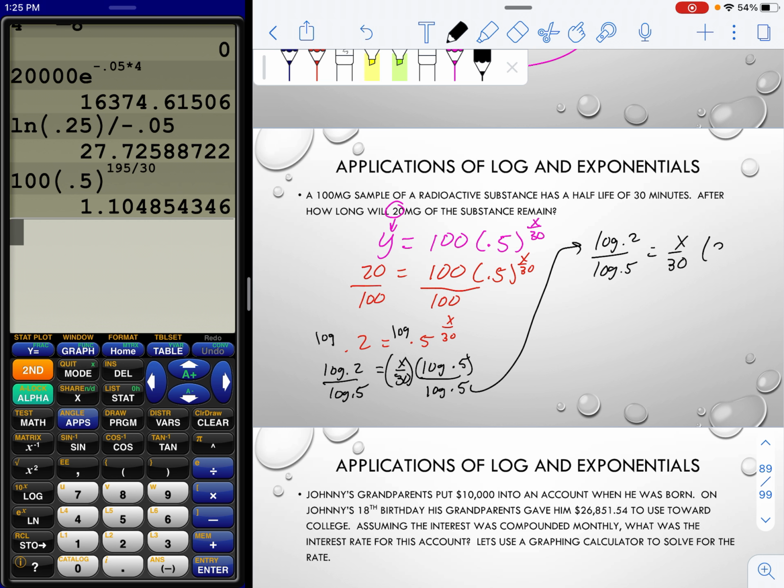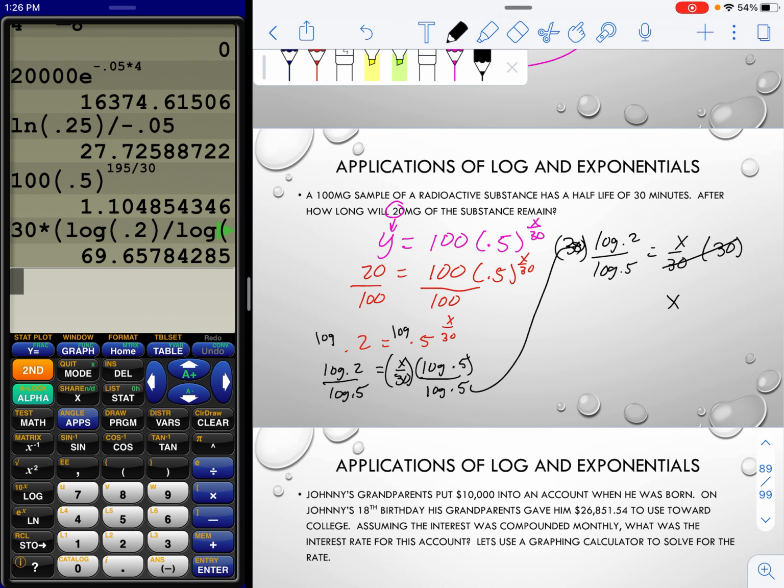Okay, and then I can just multiply both sides by 30 to get that to drop. So in your calculator, you can take 30 times the log of 0.2 close that off, divided by the log of 0.5. And we get 69.658 minutes.